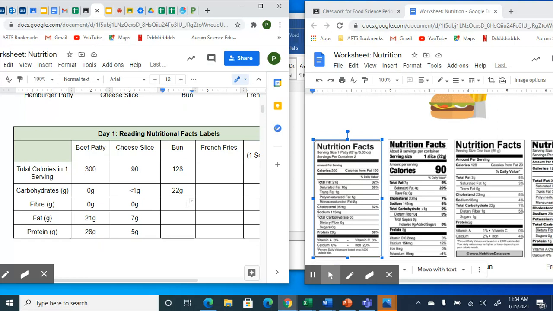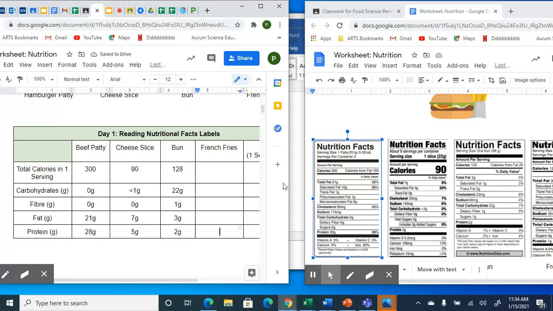Bread is made out of grains, so grains are carbohydrates. Fiber, fiber. There it is. 1 gram. Fat is 3 grams, and protein is 2 grams.